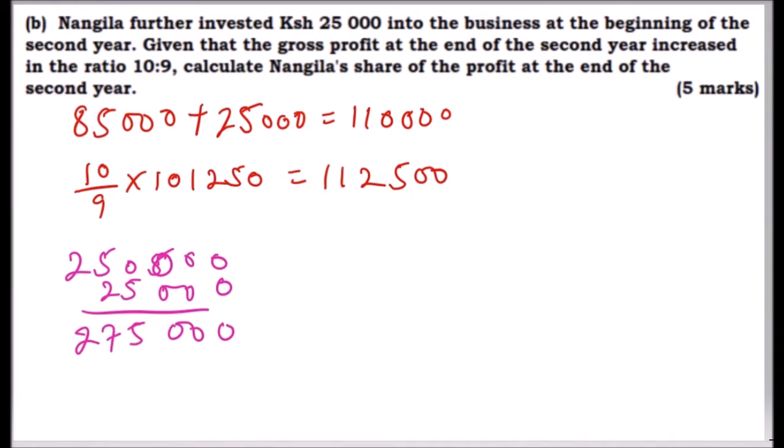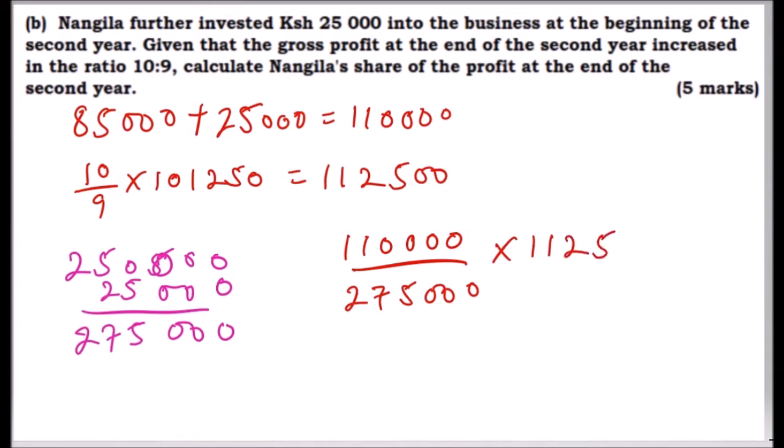This means that since Nagira had contributed now 110,000, you divide by the total share, which is 275,000, and you multiply by the new profit, which is 112,500, and this means that Nagira will get 45,000 in the second year. So that is how you work out that, and you get yourself 5 marks.